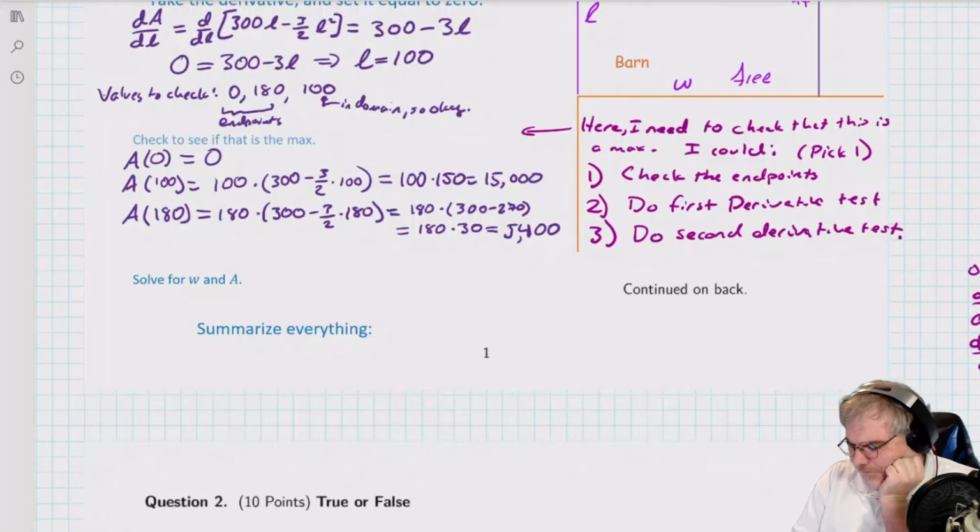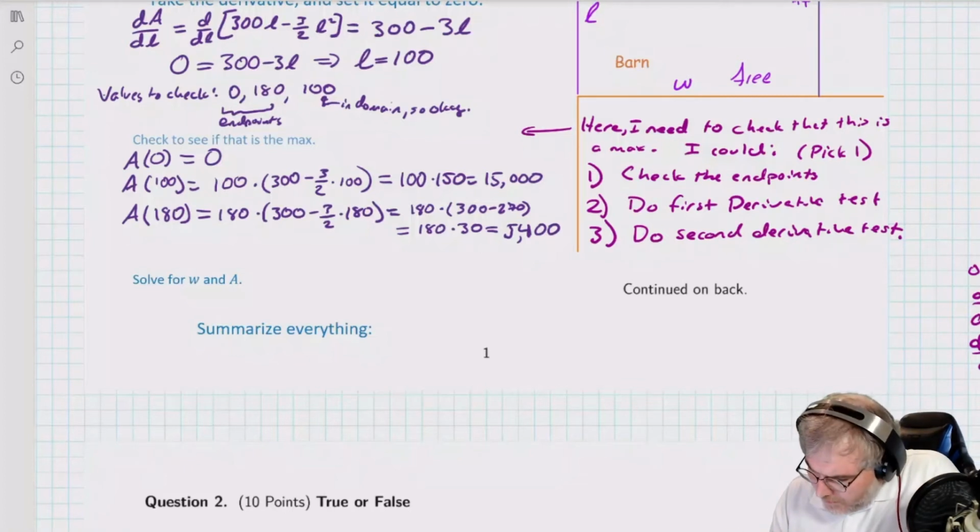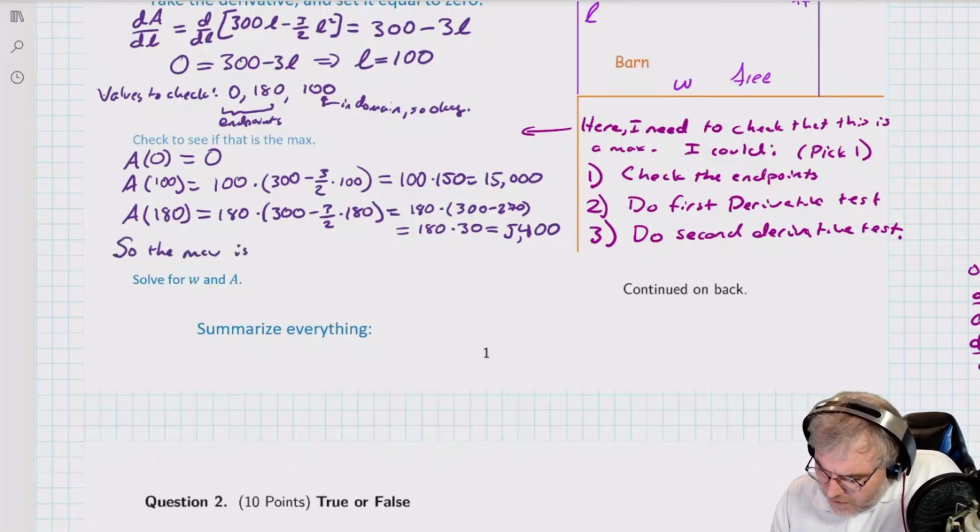Okay, and I'm going to write: 1,500 is the biggest, so the max is 1,500 square feet when L equals 100 feet.